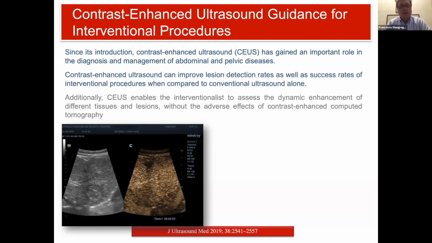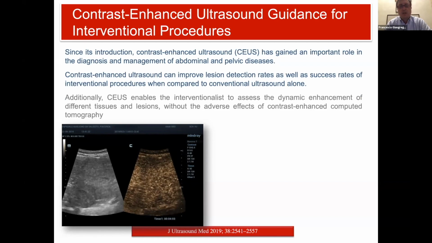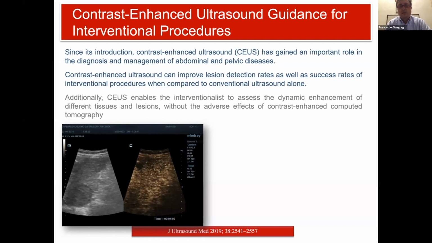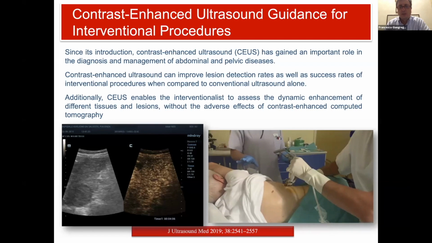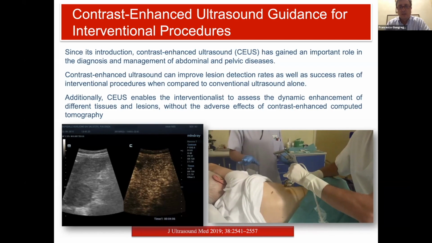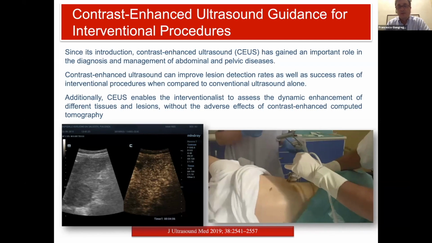Additionally, contrast enhanced US is able to show us the dynamic enhancement of different tissues and lesions without any adverse effects of contrast enhanced tomography or MRI. So also in the interventional field, it is a very important tool.